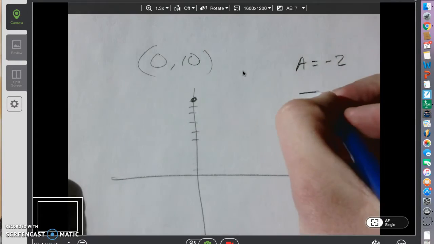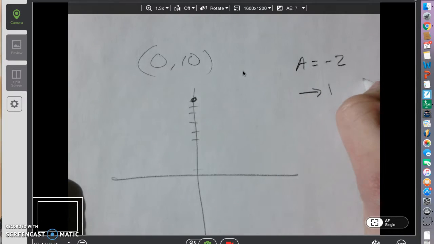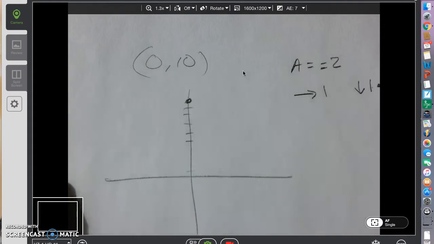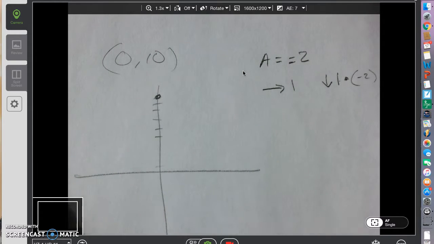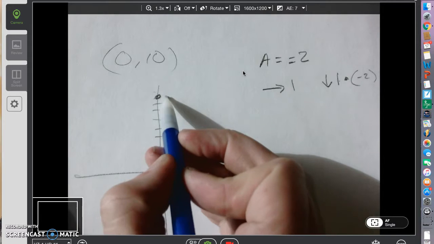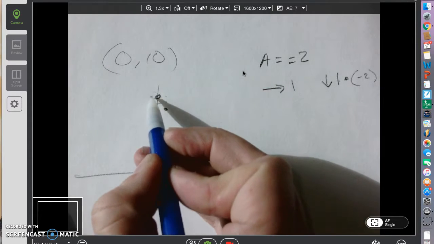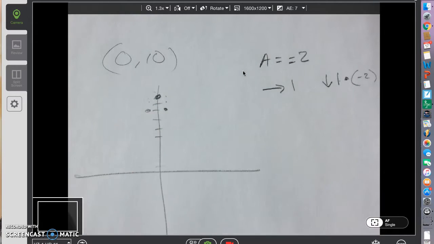So I go over 1 and then down, because it's negative, 1 times whatever a is, which is negative 2. So 1 times negative 2 gives me negative 2. From my vertex, I go right 1 and down 1, 2. On this side, I go over 1 and down 1, 2.